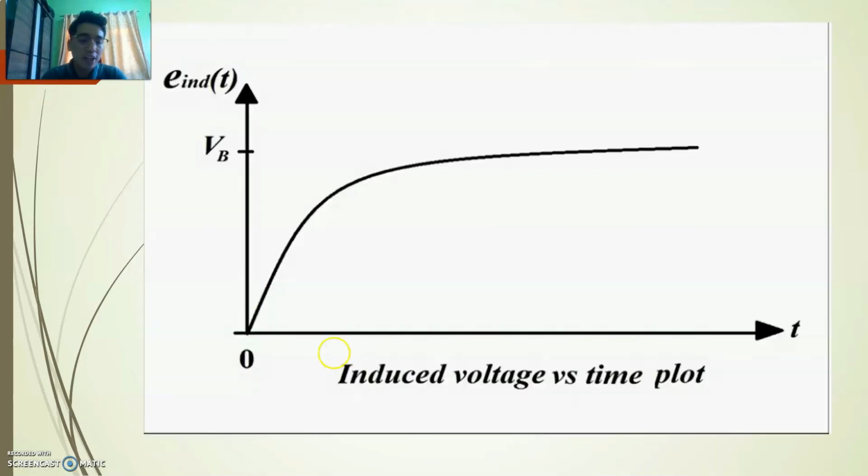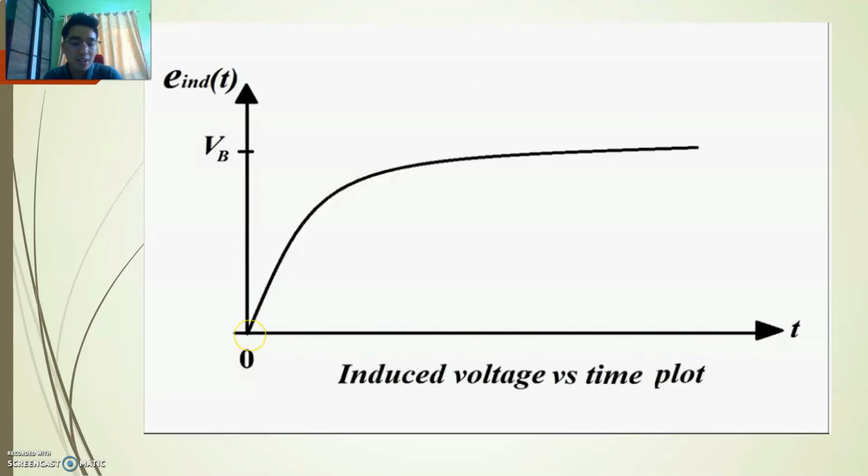Okay, next for the induced voltage, almost the same thing. At start, when the bar was initially at rest, the induced voltage was 0 because velocity was 0. Initially at t equal to 0, the induced voltage is 0.